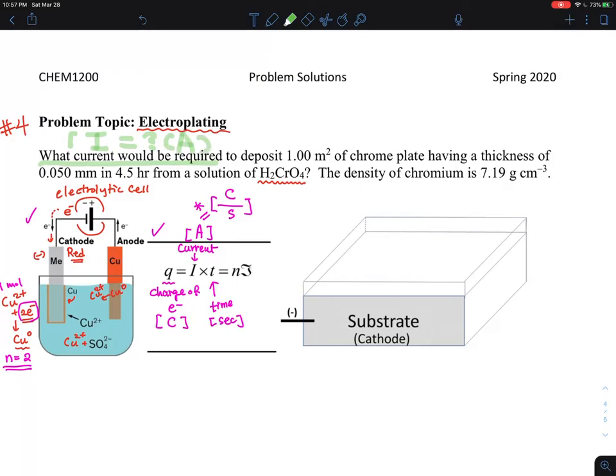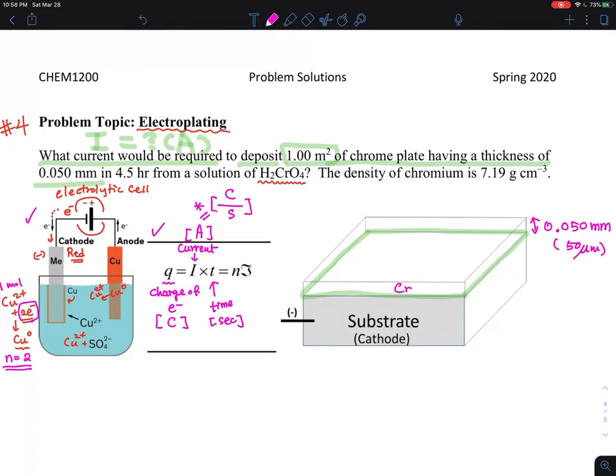So what current do I need to deposit on a surface area of, I guess, 1 square meter, which is pretty big, a chrome plate having a thickness of 0.050 millimeter? In other words, this is about 50 micrometers.